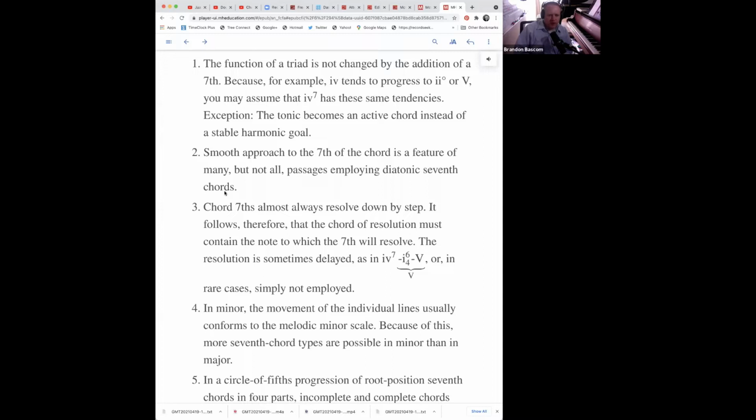Exercise 15-1, C5. What a charming little piece.